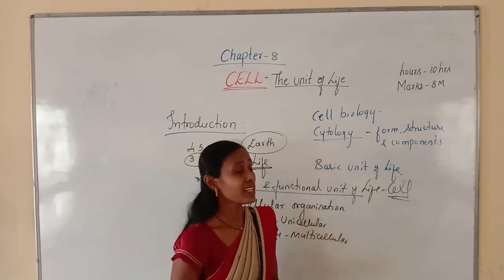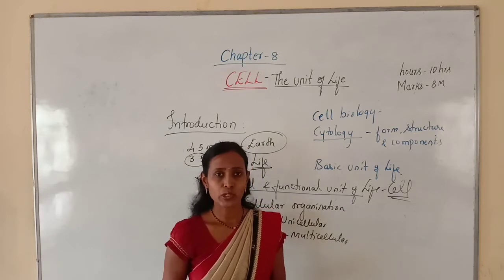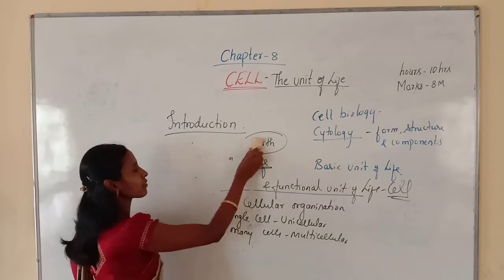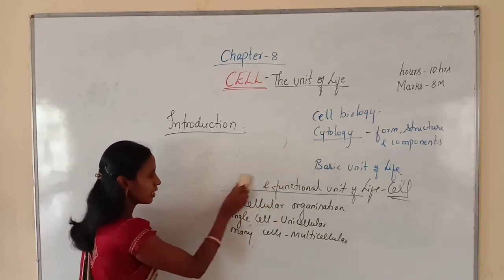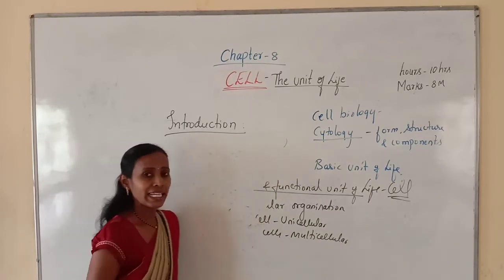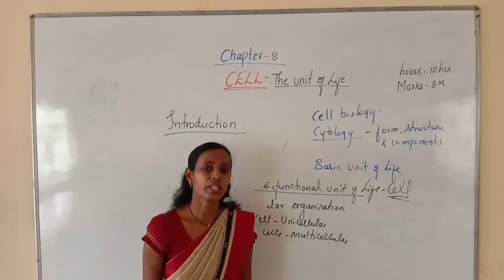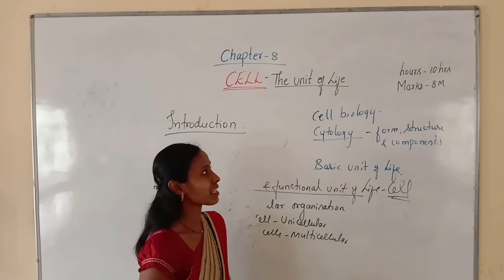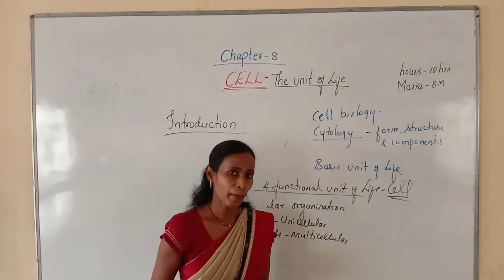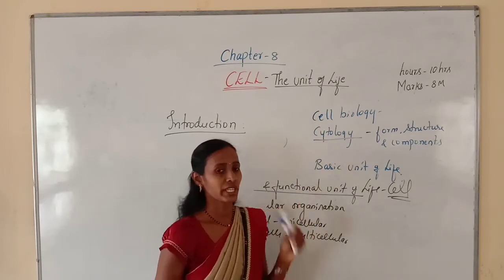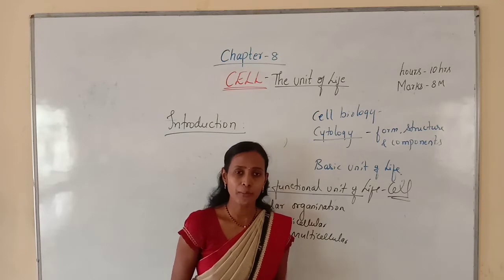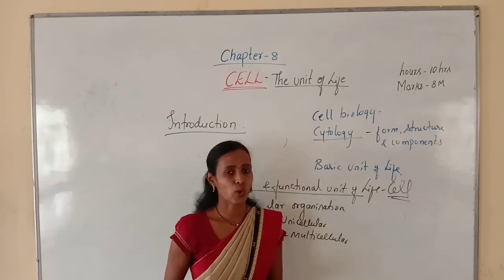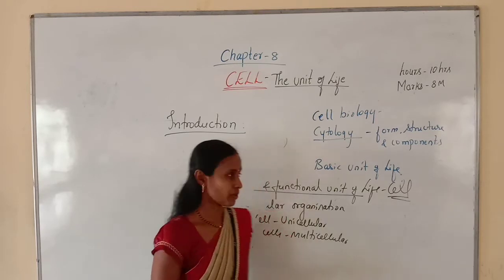So we can define cell biology in two ways, but the simple definition is enough. Cell biology is the branch of biology which deals with the structure and function of cells, and cytology is the study of form, structure and components of cells.